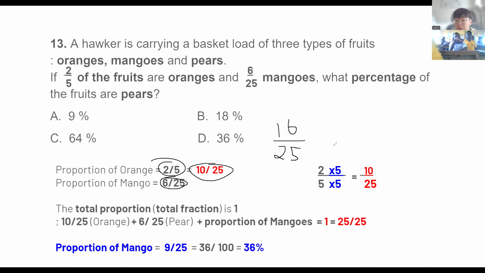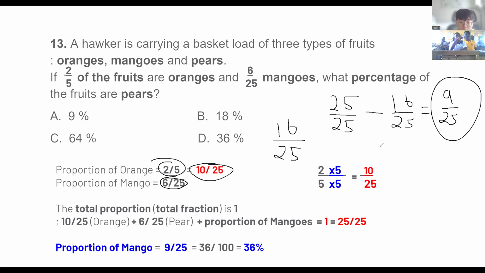How do we find the pears? Subtract it from 25 over 25. So 25 over 25 minus 16 over 25 is equal to 9 over 25. And what percent is 9 over 25?